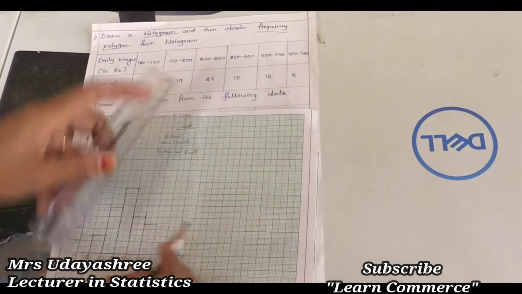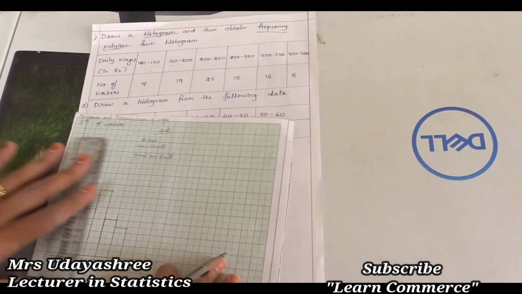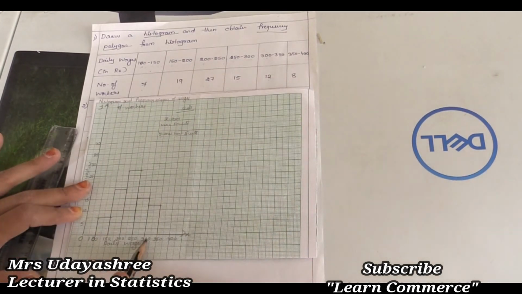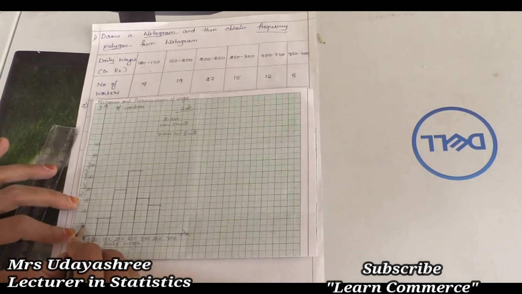So here it is 12. Next 350 to 400, corresponding frequency 8, so 8 comes here.